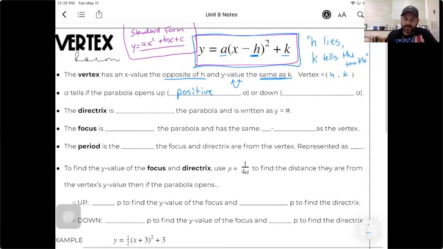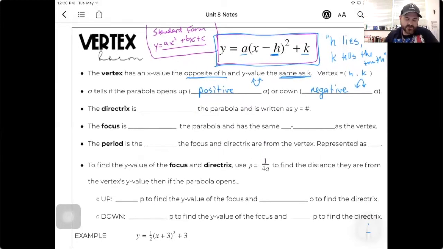Or down if it's a negative a. If that number in front is a negative, that means my parabola opens down like this. The rest of this information comes from other parts of that equation that we have to do some work with.